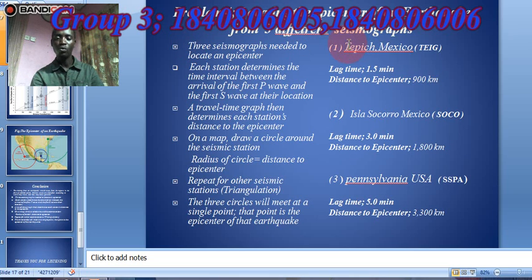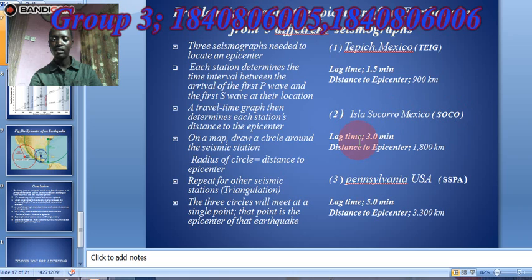So here we have 3 different seismographs. The first seismograph is in Tepic, in Mexico, and the lag time has been calculated to be 1.5 minutes. The distance to the epicenter is 900 kilometers. The second seismograph is in Isla Socorro, also in Mexico, abbreviated as SOCO.